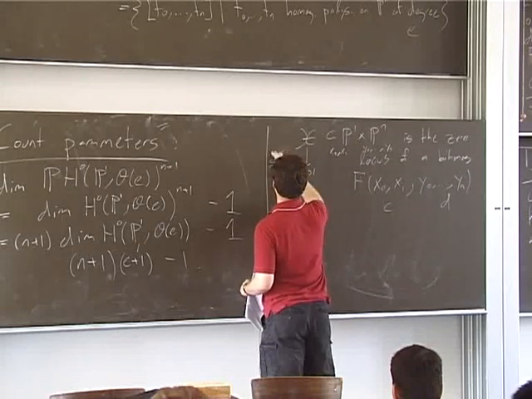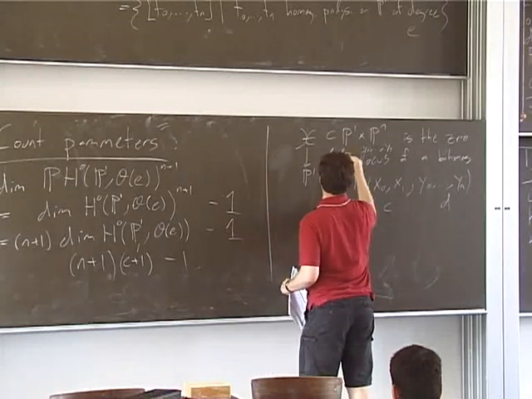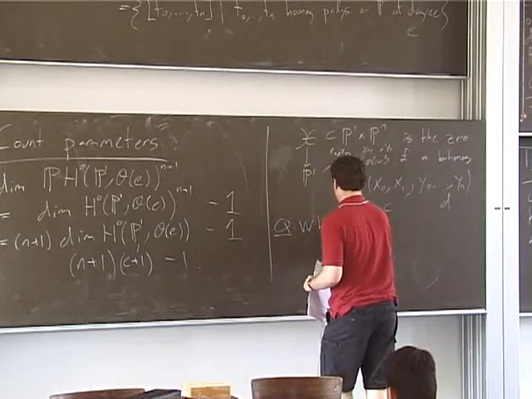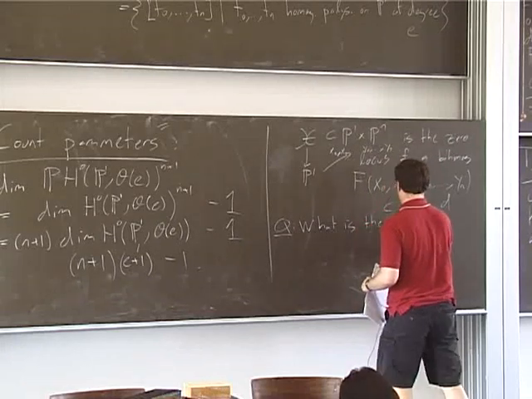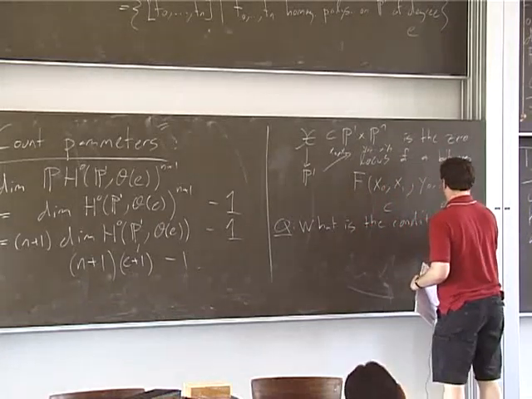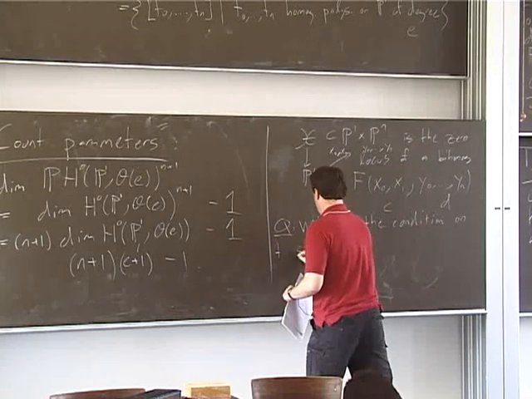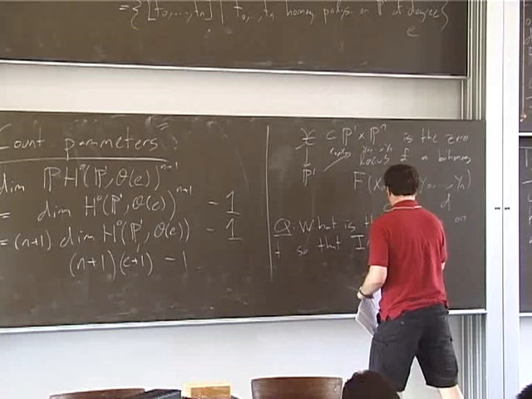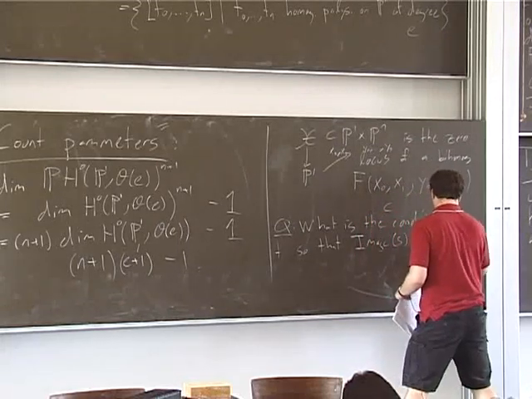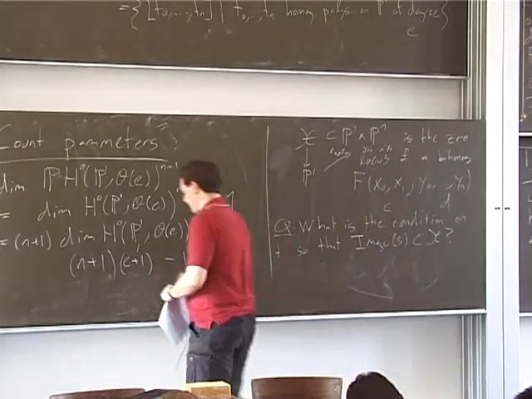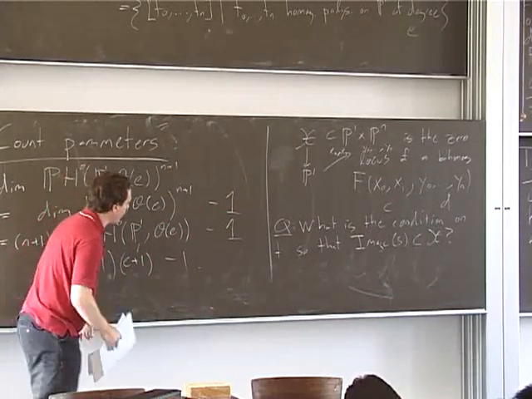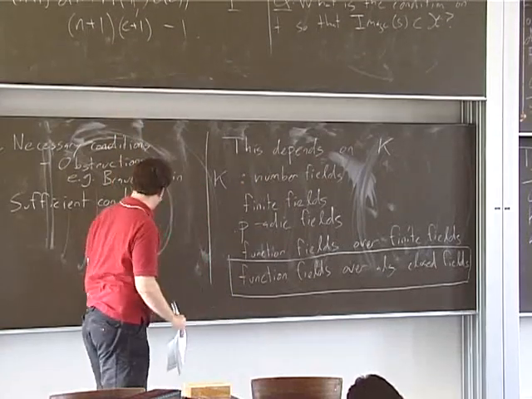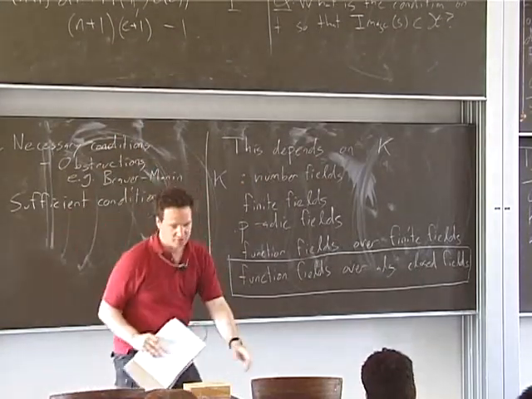I mean, so we have this section S to P1 cross Pn, and the question is, what is the condition on T so that the image of S is contained in script X? And the answer is very easy. The condition is that when we plug in T0 through Tn for y0 through yn, we get a true equation.